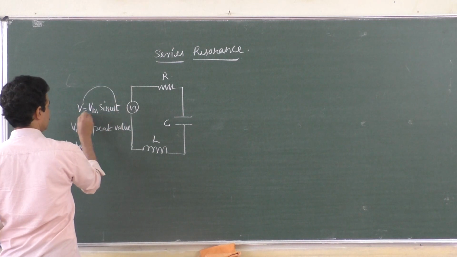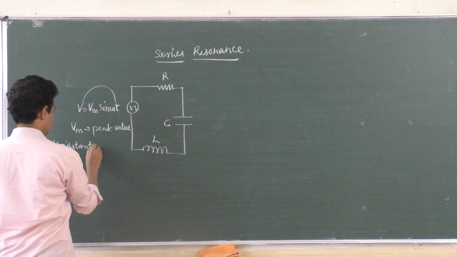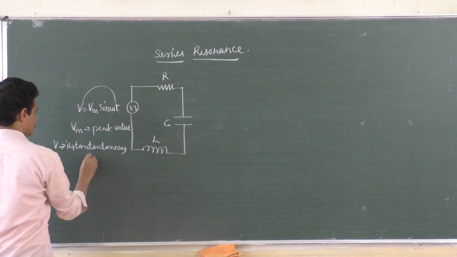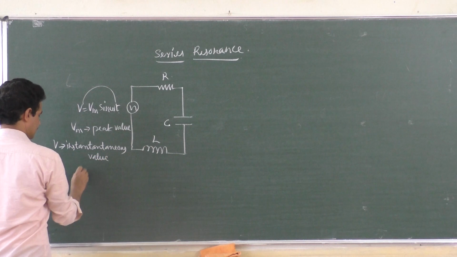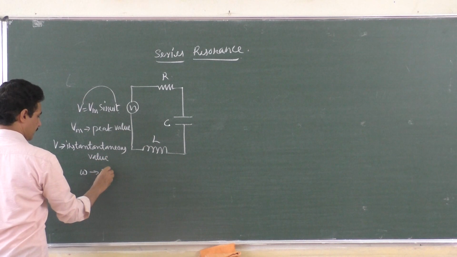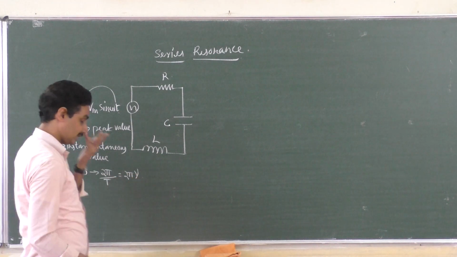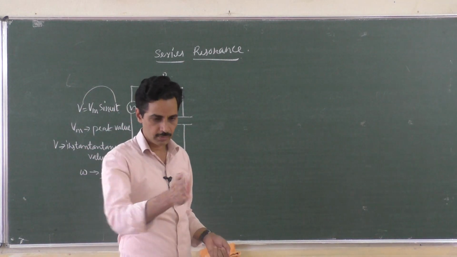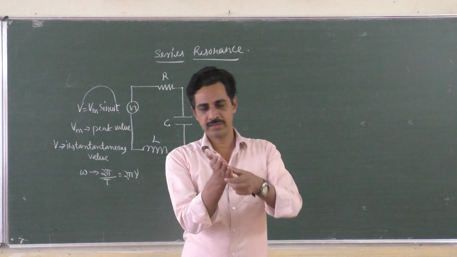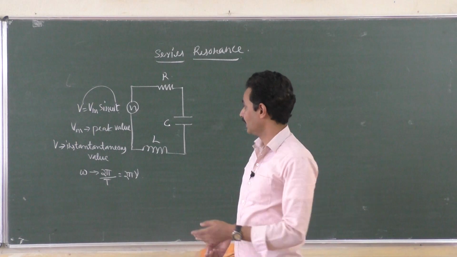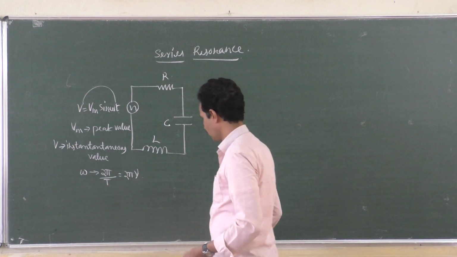If you substitute t, you will get the voltage value at that instant, the instantaneous value, and omega is the angular frequency, that is 2 pi by T or 2 pi nu. You know this, the angular frequency with which the armature will rotate. The armature will rotate with the uniform angular velocity omega. Okay, so that is applied all together.